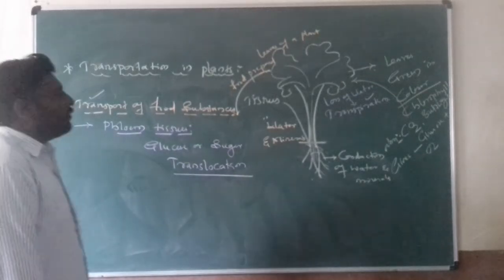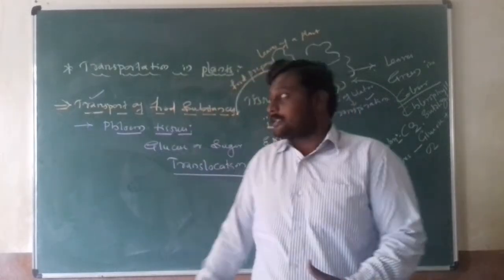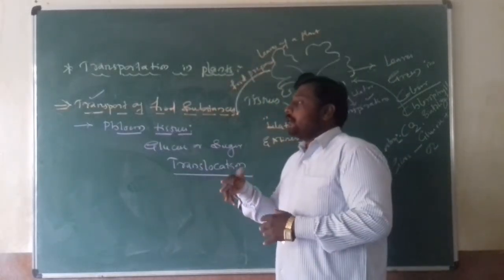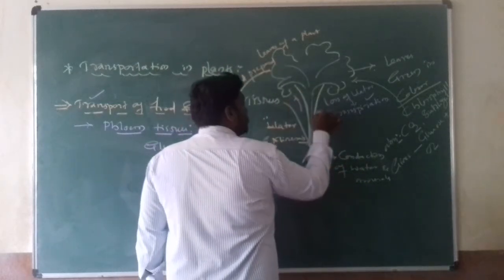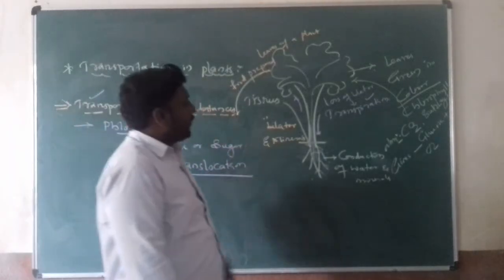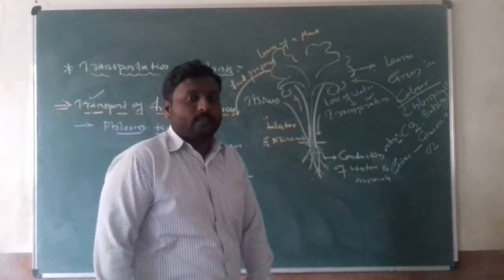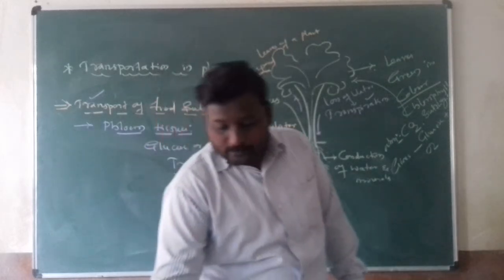What are the functions of sieve tubes as well as companion cells? We discussed in a previous class. That means transport of food materials in upward as well as downward movement. Okay, upward movement as well as downward movement takes place with the help of companion cells as well as sieve tubes. Yes, my dear students.